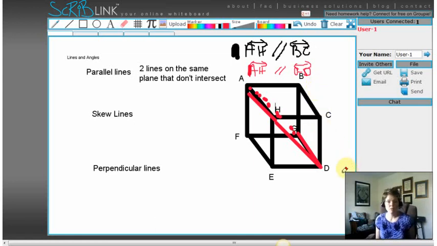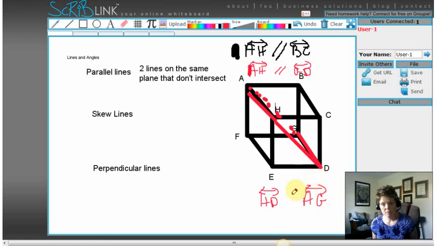Go back and watch this again if you need to. You also have line HD, that's this front line, and it's parallel to AG. Again, that's going to be confusing to some people, so let that sink in and go back and watch it. Think about that diagonal plane.